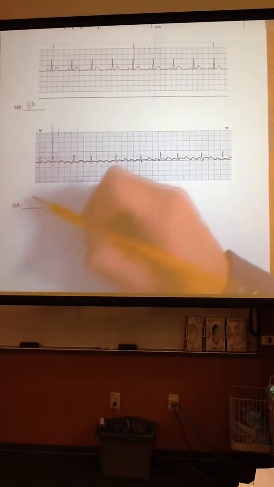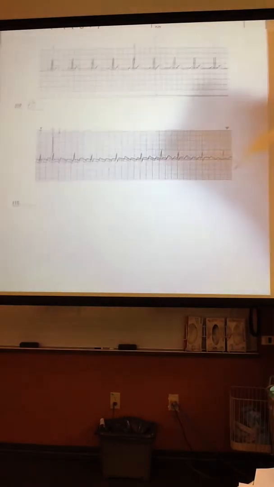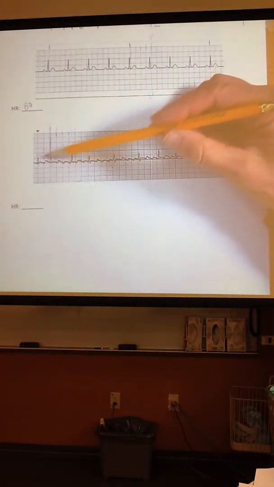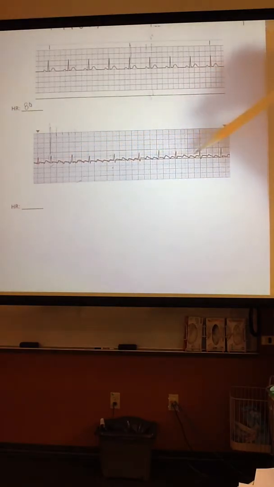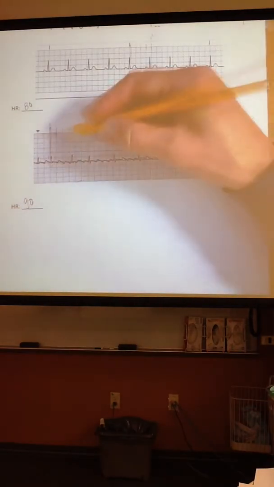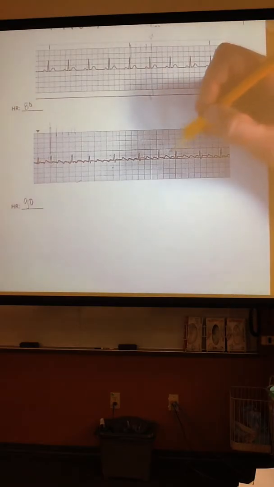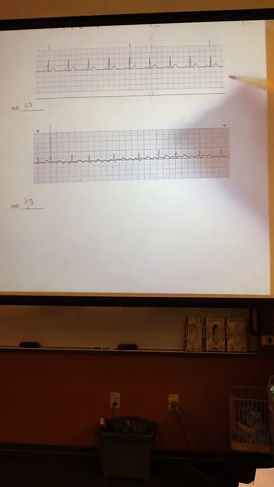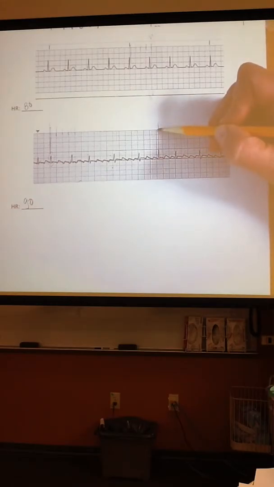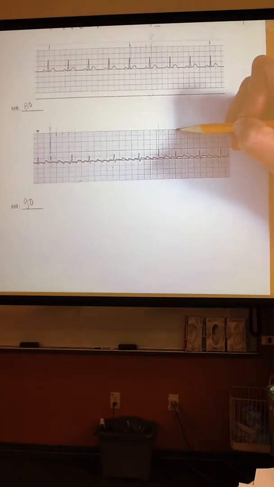But we already counted and got 90. So what's the big deal? Well, what happens if we pick these 2 beats? 300, 150, almost 100, maybe a little bit more.